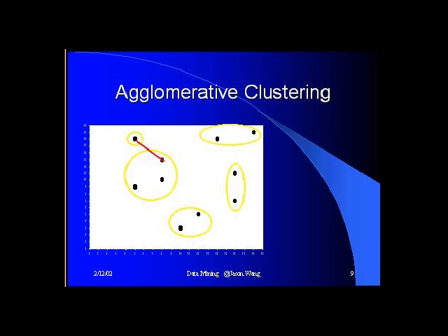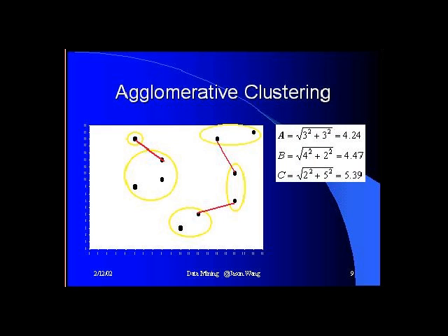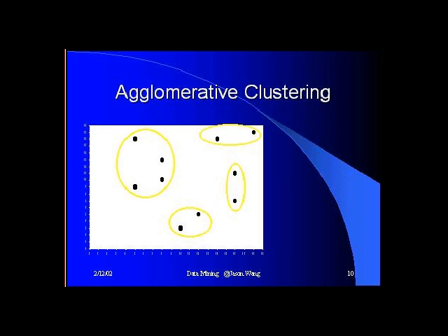You keep on doing so. This is distance A, distance B, distance C, and you calculate A, B, C. A is smallest, so you merge these 2 clusters together. Now you have only 4 clusters at hand. You keep on doing so until you have only 2 clusters, okay?